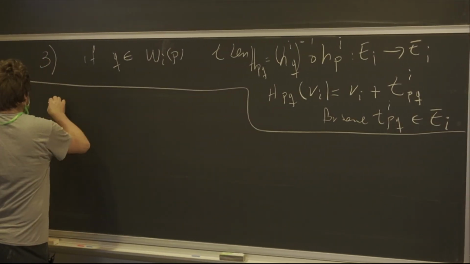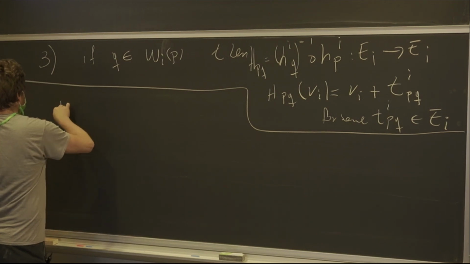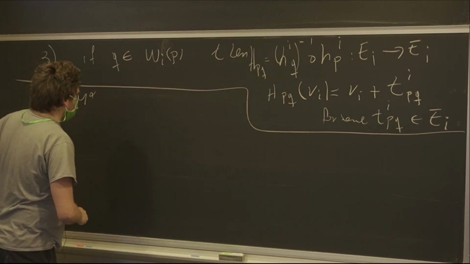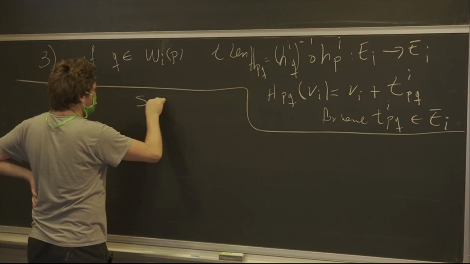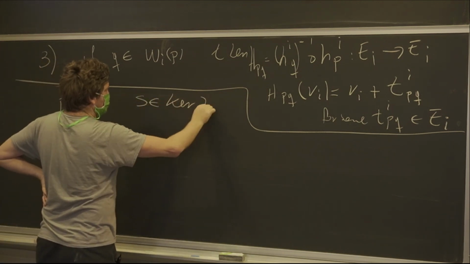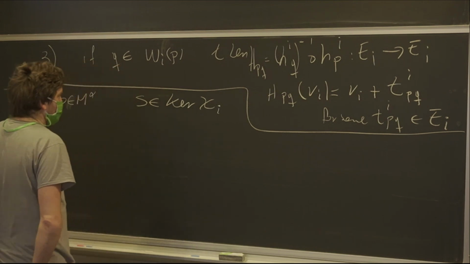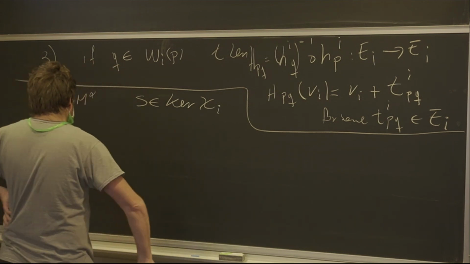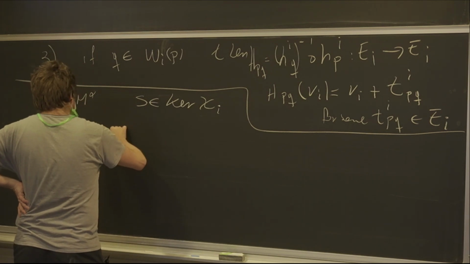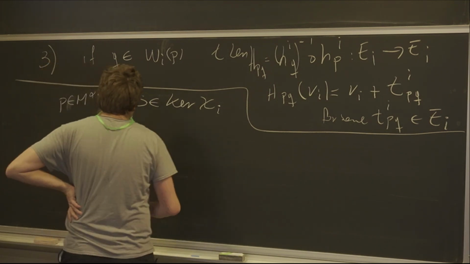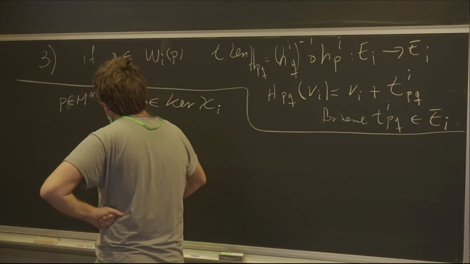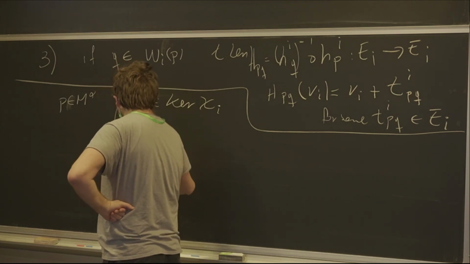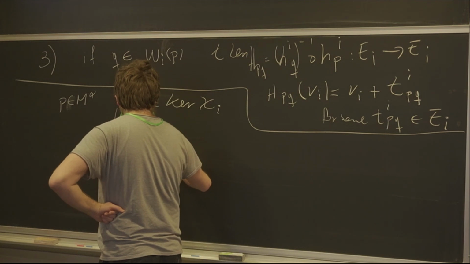So we take P in M alpha, take some S belonging to the kernel of chi I, so here is P. Inside P I have this WI line, which is inside of T3.